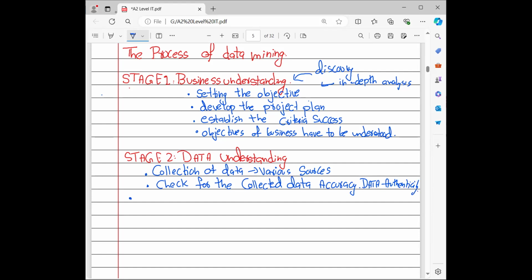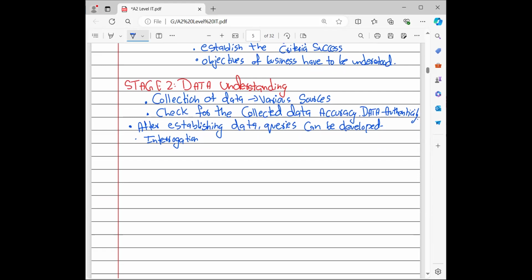Now just after your data is established, you can start your queries. After establishing data, queries can be developed, and you can even start your interrogation, your cross questioning, you can start working on that with the data that you have, to see if it is going to give you your desired outcome or not.